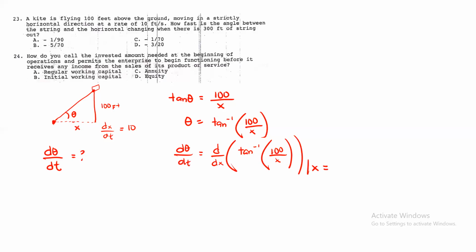Pwede natin makuha itong value ni x, x is equals to square root ng 300 squared minus 100 squared, kasi may given tayong 300 feet. So, ang x natin is 282.84. Yan yung substitute natin dito sa x.